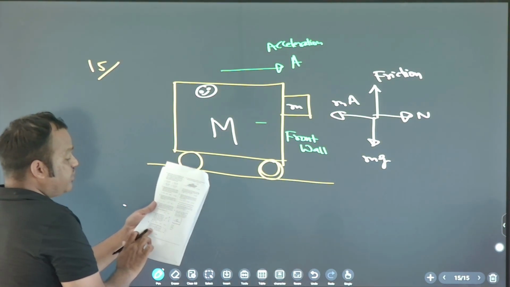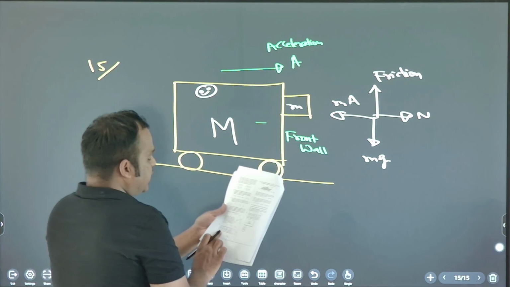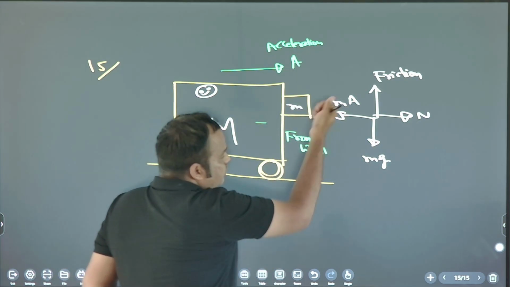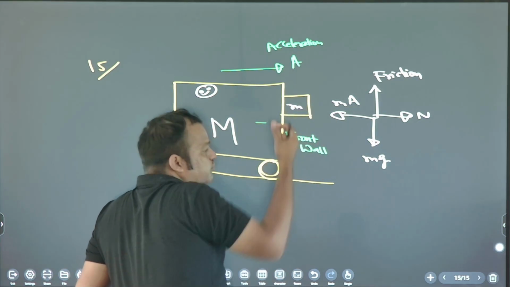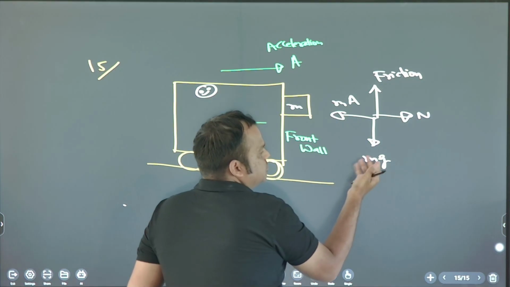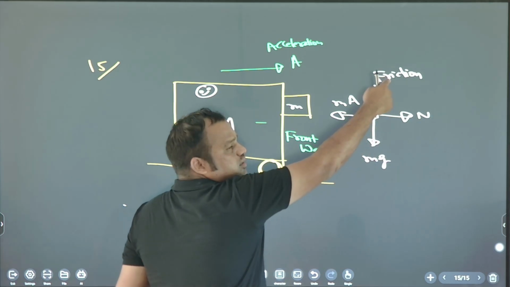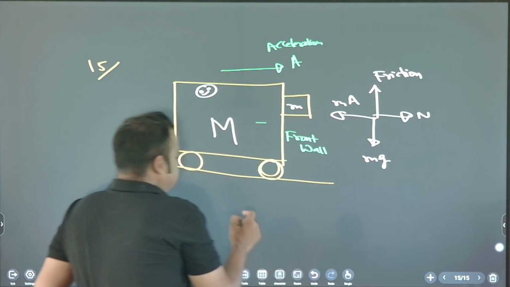What is the minimum acceleration so that the block does not fall? Because of which force will it fall? Mg. Because of mg it will fall. But who will stop it? Friction.